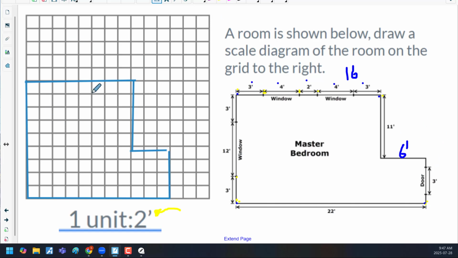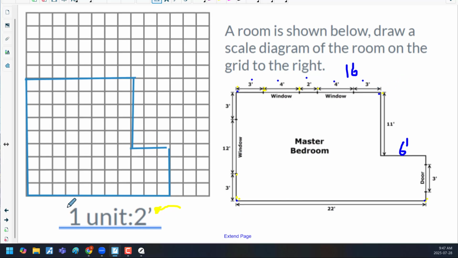We are going to draw, and the scale is 1 unit, colon, 2 feet. So 1 unit on this grid here is equal to 2 feet. Now, are we going to multiply or divide? If you remember correctly, if the number is after the colon, we're going to divide.